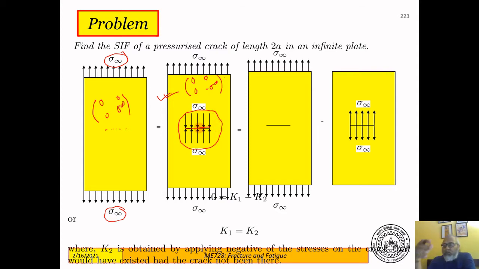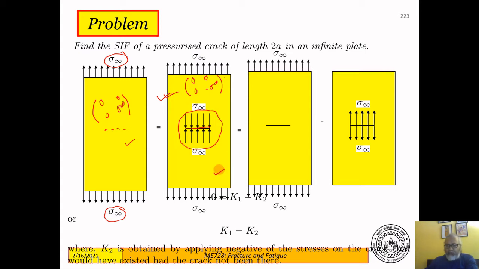So the crack tips are no longer singular because they are closed by this stress field, which is the opposite of this stress field. So this problem does not have a crack. This has a crack, but is closed by the stress that exists at the location of the fictitious crack in this problem. So these two problems are equal.